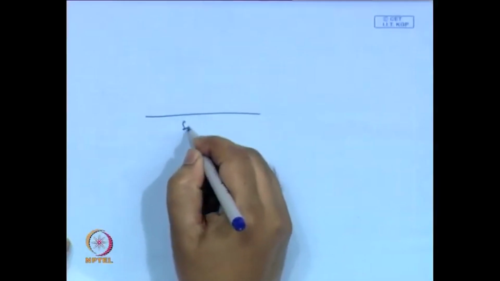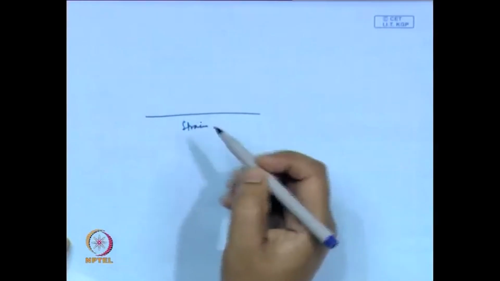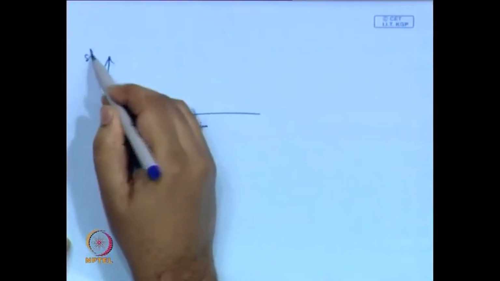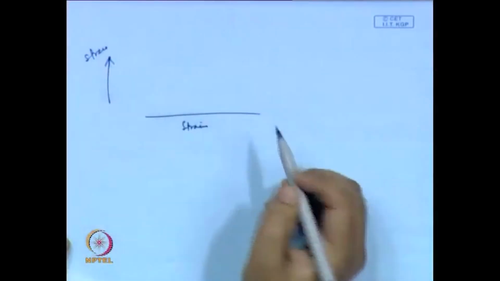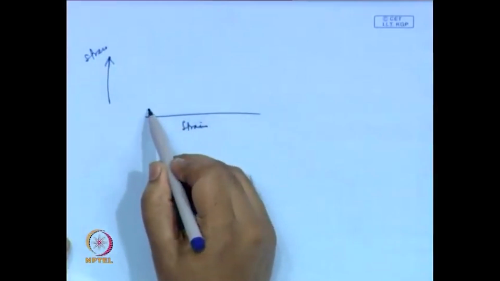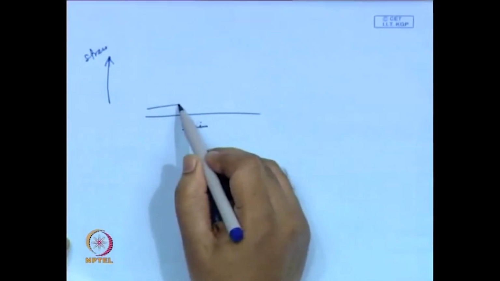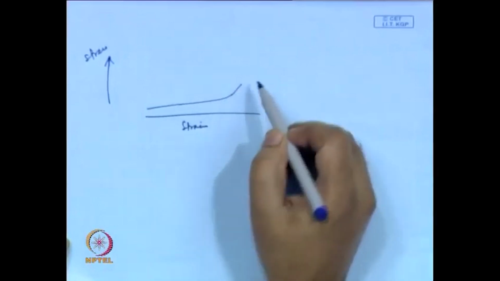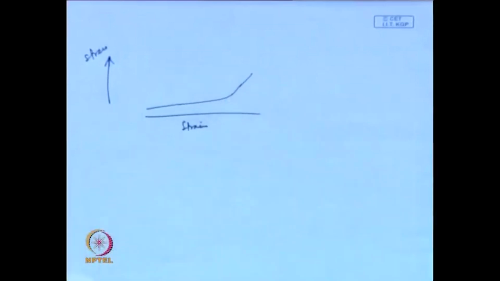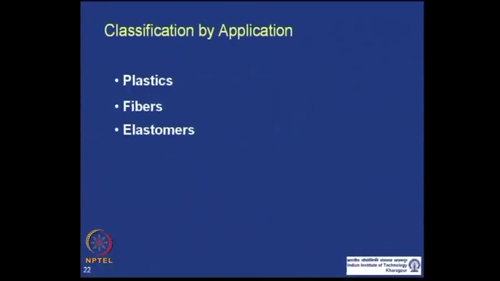If I plot strain versus stress of a polymer sample, then for elastomers, with a small stress you can strain the polymer samples much more. You know how rubbers work, with a small pull they stretch out a long way. So, this is like an elastomer. With a small stress you can strain the sample much more.